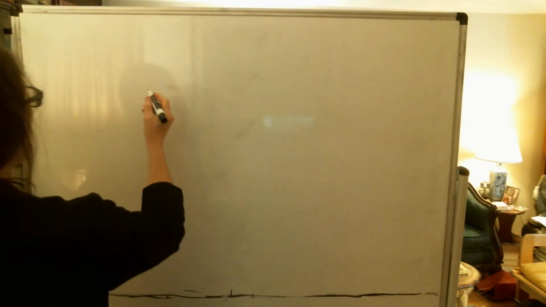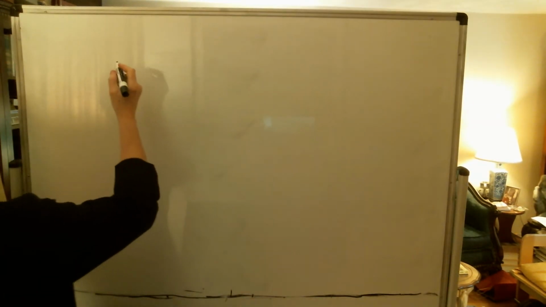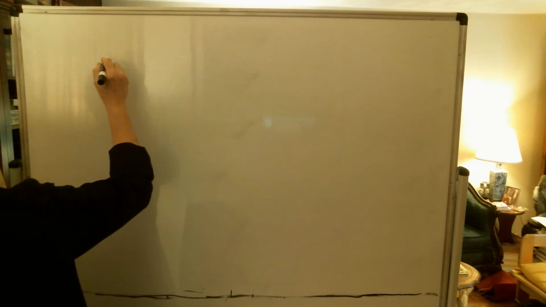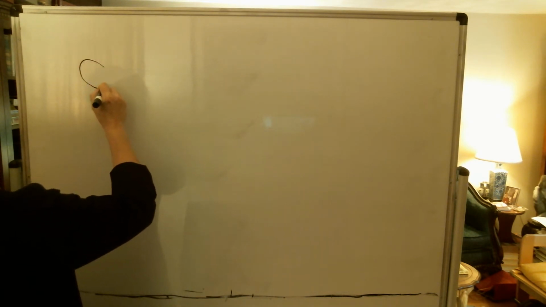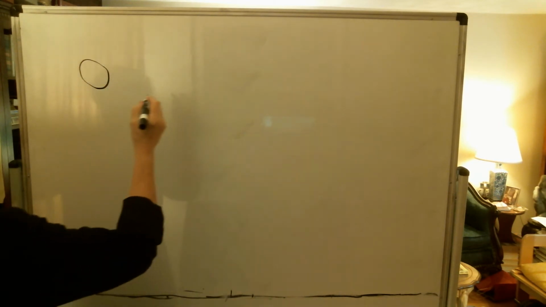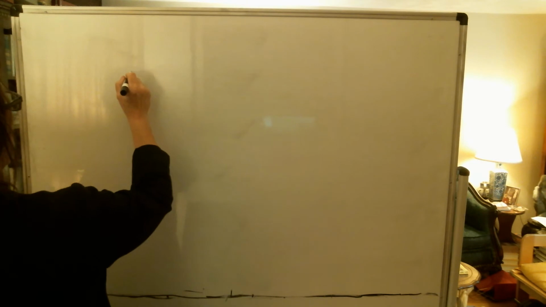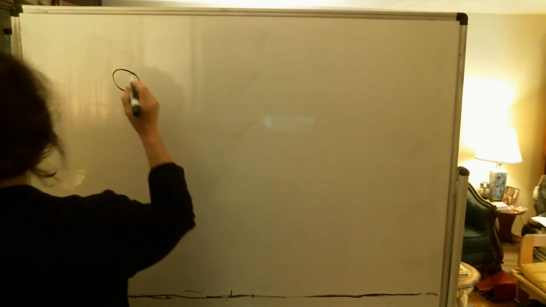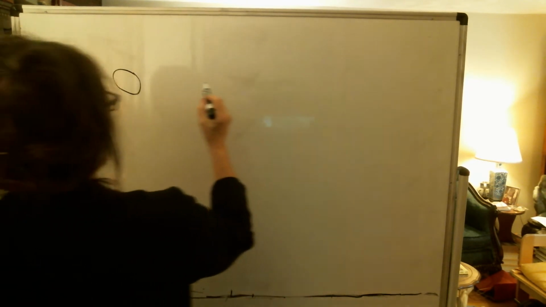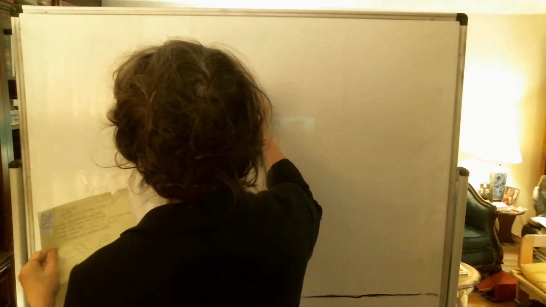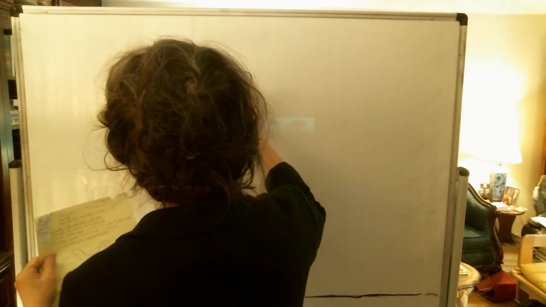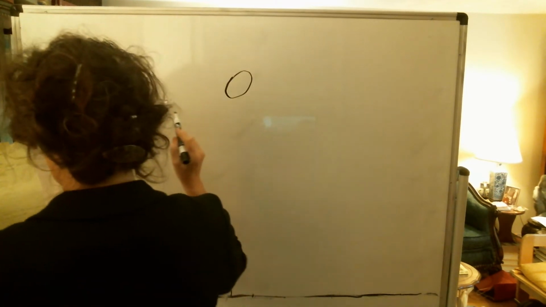All right, so I'm going to try not to use the whole board doing this, but anyway, so let's see, this is not necessarily going to be to scale, but here we have an ovary. I'm going to move that over a little bit to give myself some room for labels on this side. So anyway, let's put an ovary here. And I'm going to put another one here, and this is strictly not to scale.